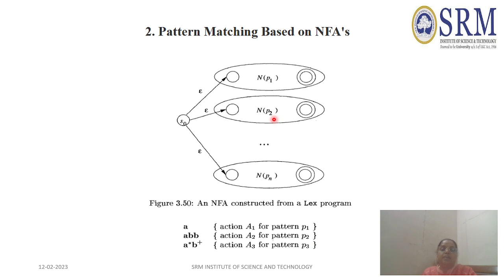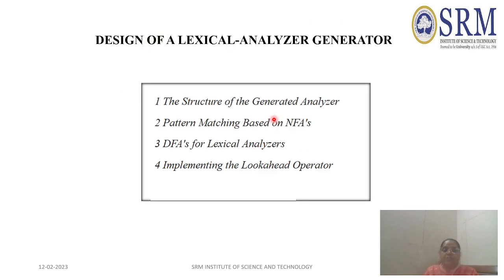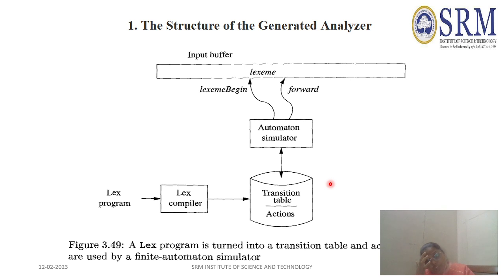So in this second half, we have seen the design of lexical analyzer generator with 4 different subtopics. One is structure of the generated analyzer, then pattern matching NFA, DFA for lexical analyzers, and implementing the look ahead operators. So the structure of the generated analyzer is this one, wherein the Lex compiler is used for generating the translation tables and the actions, and with the help of simulators you will proceed with the scanning of input.